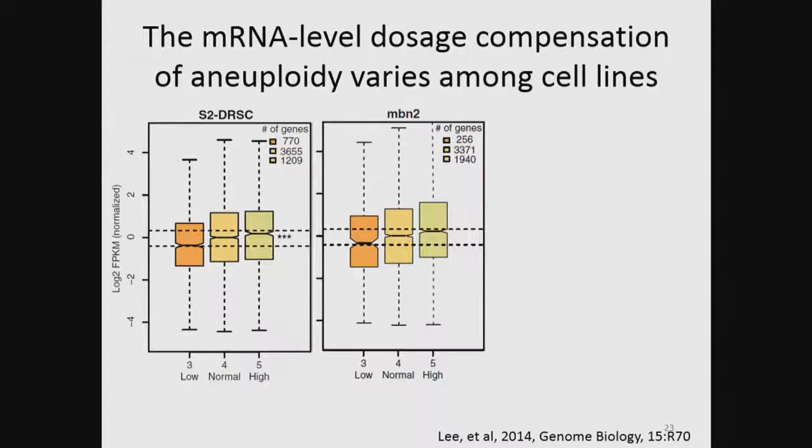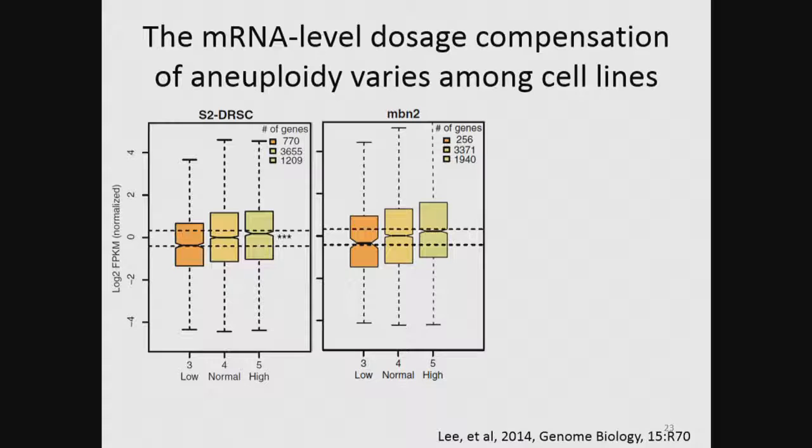But when we look at other literature, there are already a lot of studies of compensation at the mRNA level. So I'll give you an example. Even at the mRNA level, dose compensation is not a general phenomenon. The S2 cell line is in the first panel, as already shown, and it is partially compensated.